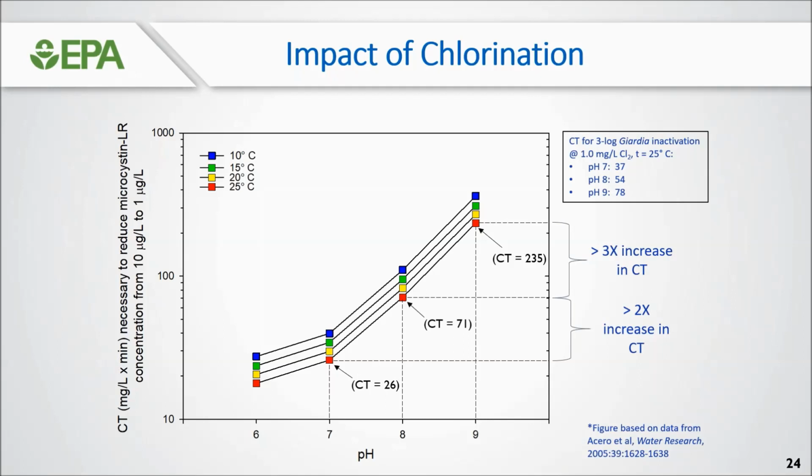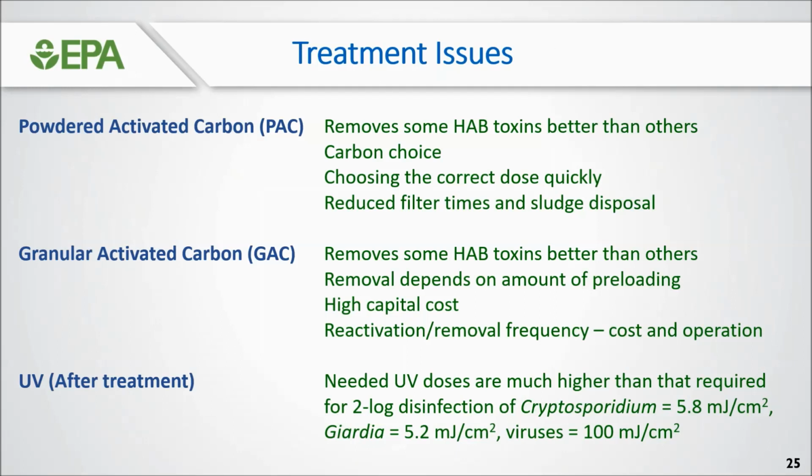So the bottom line to this plot is if you're dealing with cold water and high pH water, that's the maximum amount of chlorine or contact time that you'll need when you're dealing with a microcystin bloom.